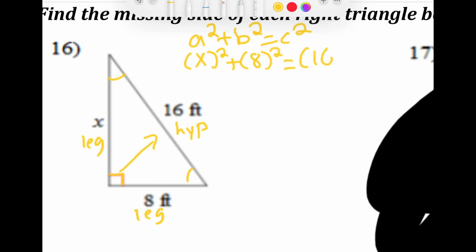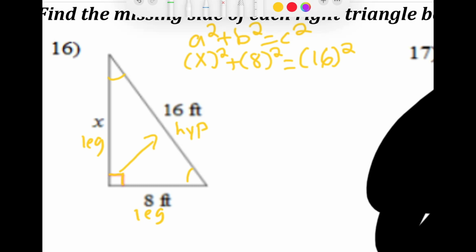So we're going to use our theorem to find the missing side: a squared plus b squared equals c squared. Our legs are our a and our b, so it does not matter which one you substitute for which letter. We can do x first, or we could have done 8 first, squared. But our c is always our hypotenuse.